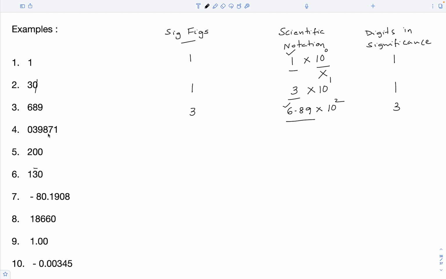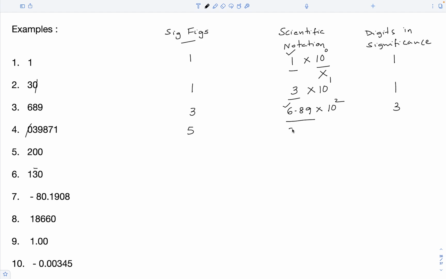And in the next example, we have again an integer. And in this integer, this leading 0 does not contribute to the magnitude of this number, so it can be ignored. So there are 5 significant figures in this measurement. Now, how do we represent that using scientific notation?